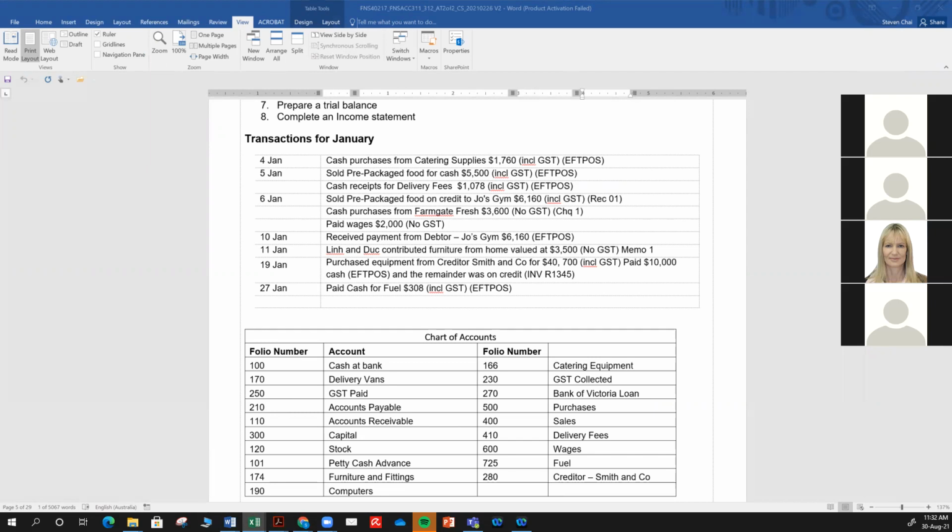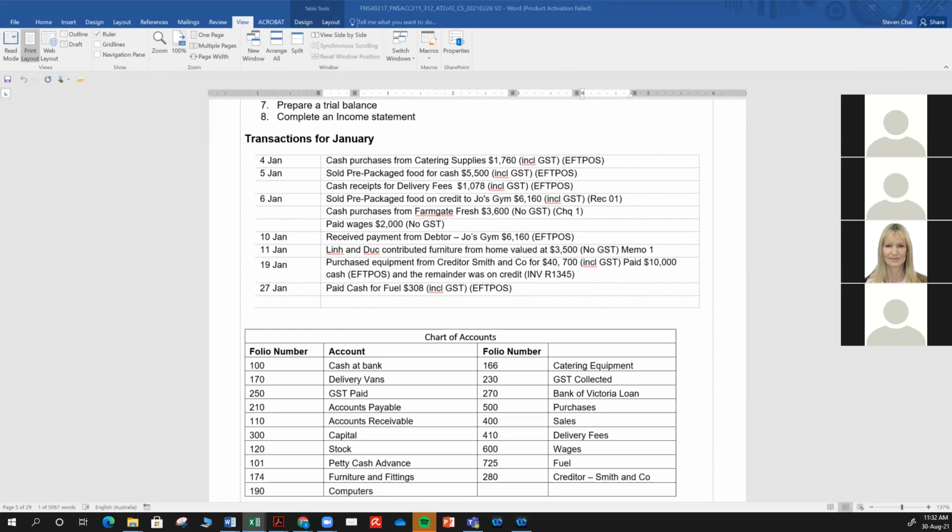No, you have to exclude the GST. So use your phone. 6,160 divided by 11 is how much? $560. Excellent. That is your GST amount.